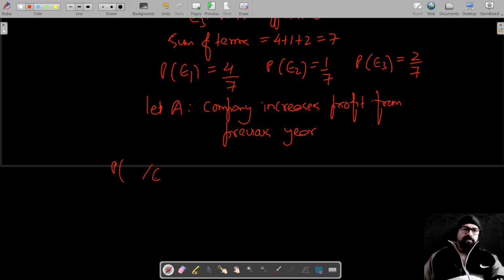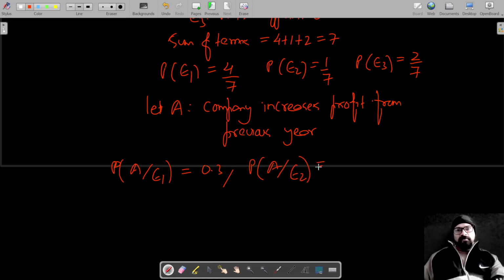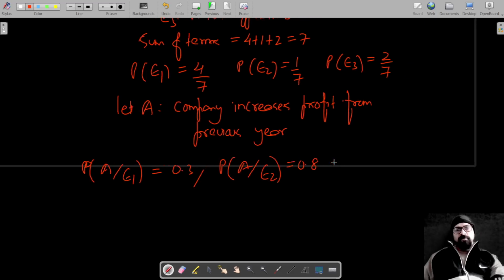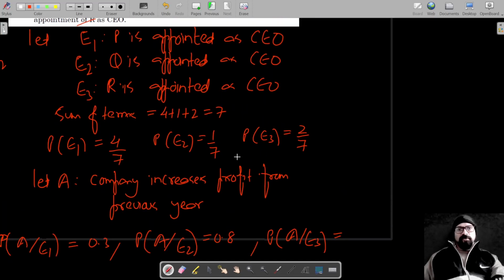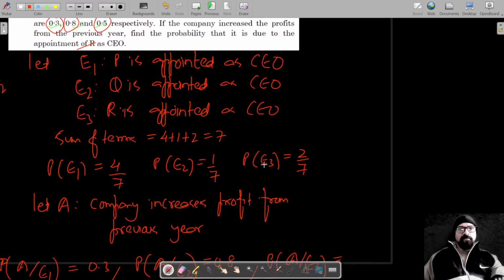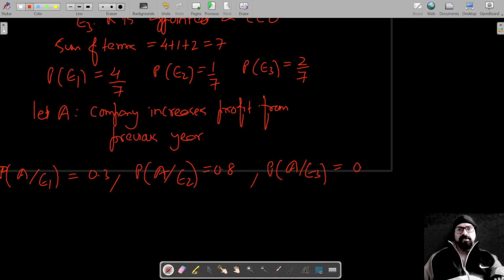When P is appointed as CEO, the chance of getting profits from the previous year is 0.3, and when the second one is appointed as CEO, the probability of getting profits is 0.8, and similarly for the third one, when R is appointed as CEO, the probability of getting profits is 0.5.